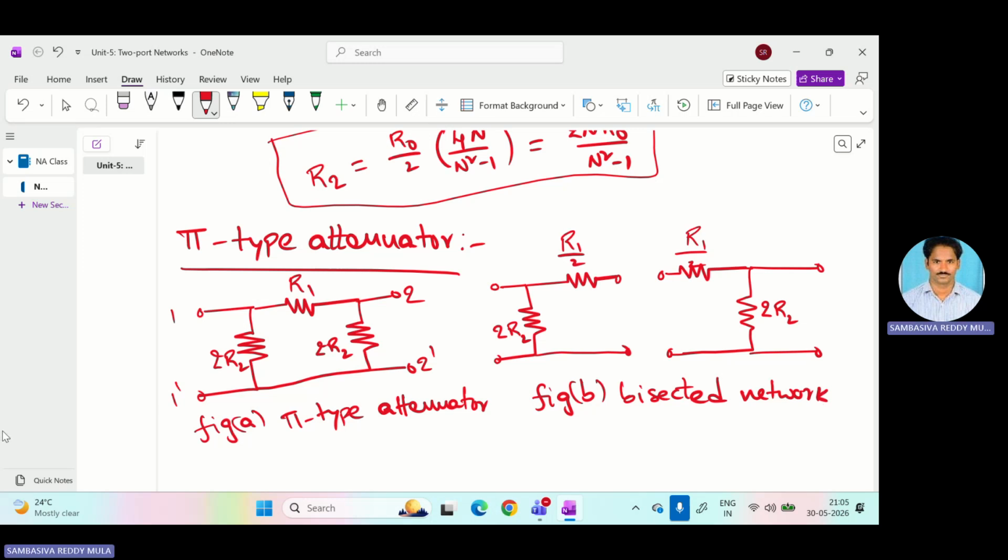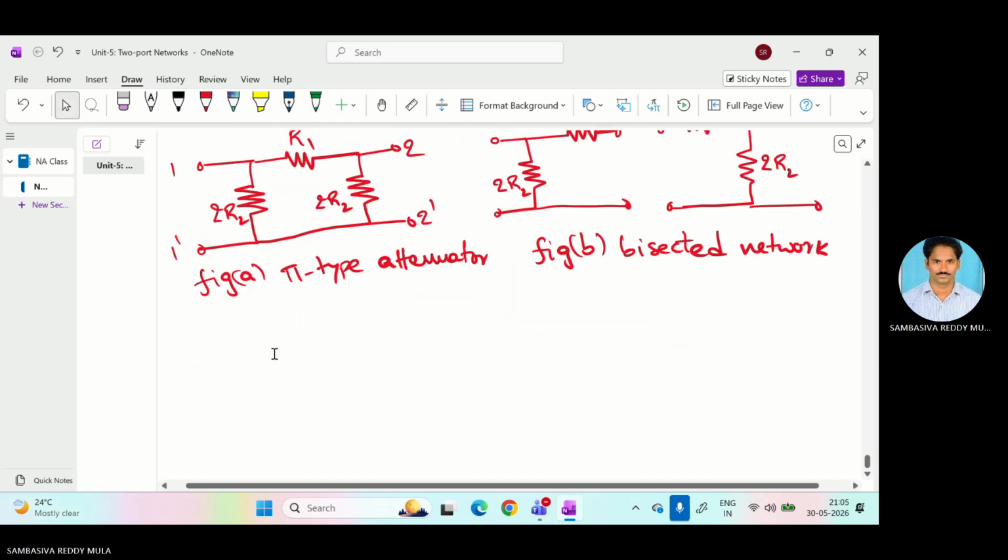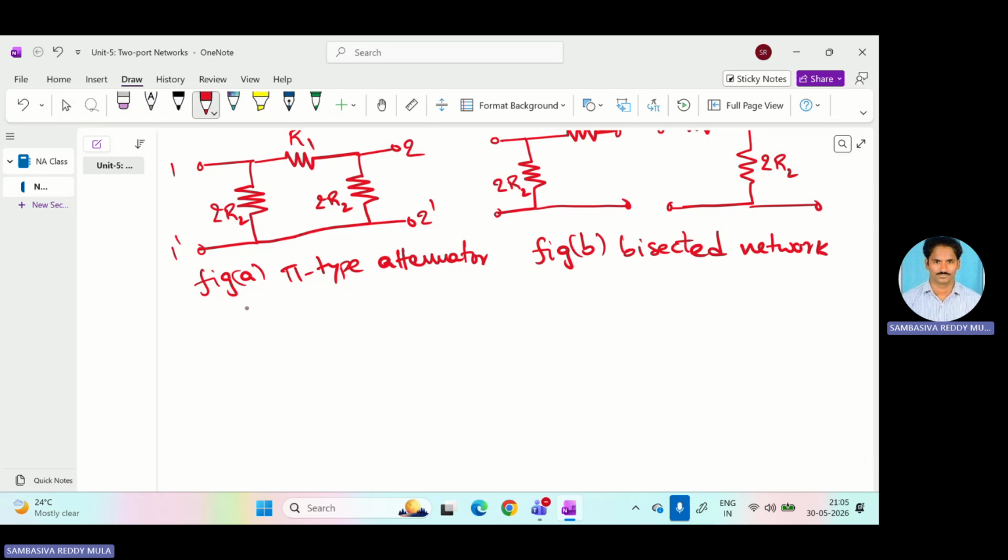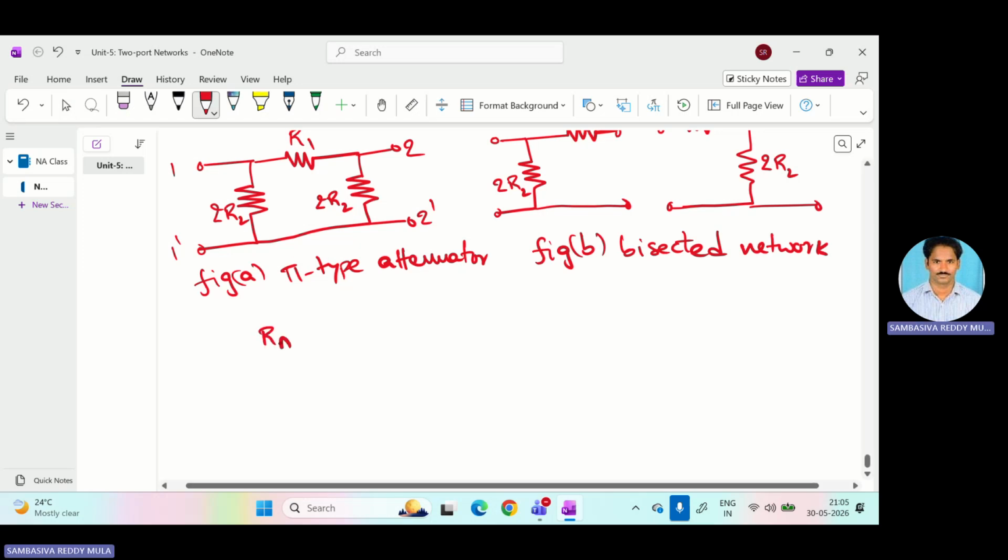This pi-type attenuator can be represented as a lattice network. From the bisection theorem, the short circuited impedance gives the series arm, and the open circuited impedance gives the shunt arm or the diagonal arm. So for this pi-type attenuator, RA is the short circuit case.